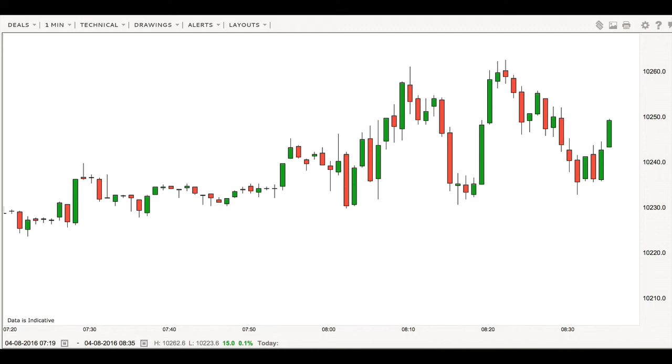So some traders might already have traded long here up to 10,260. No small bars, no inside bars down there. We did, however, get a bullish bar closing on its high, which was a good sign for the bulls.